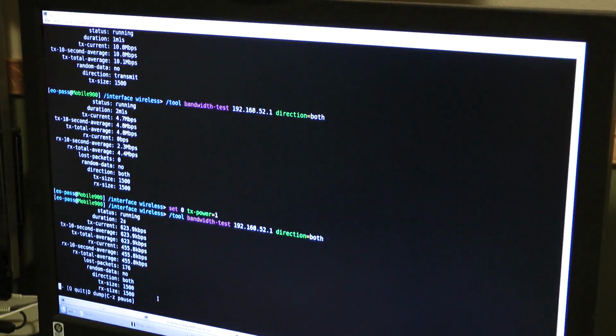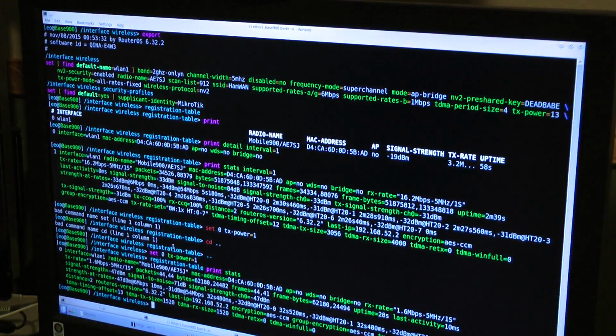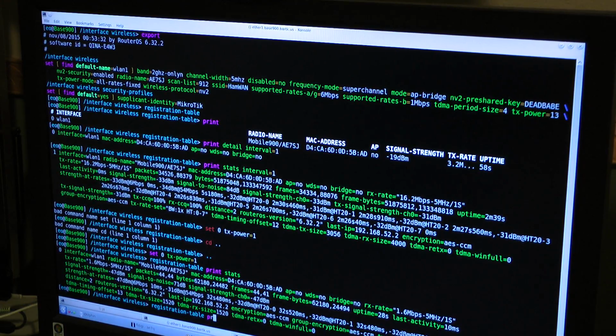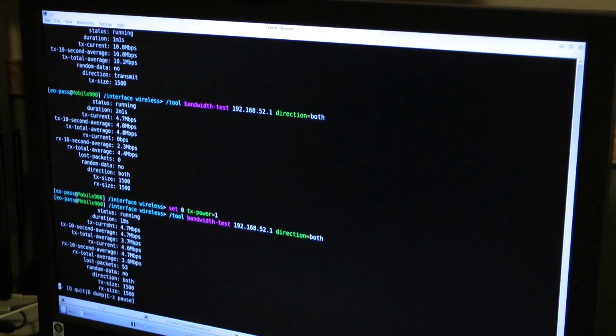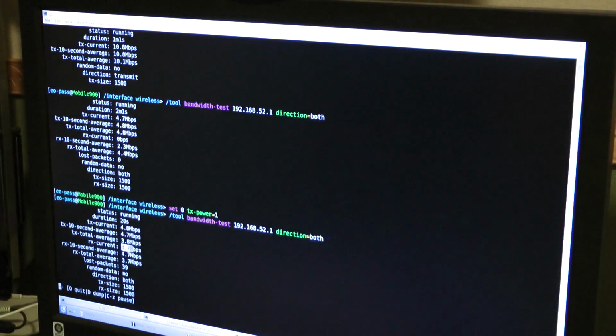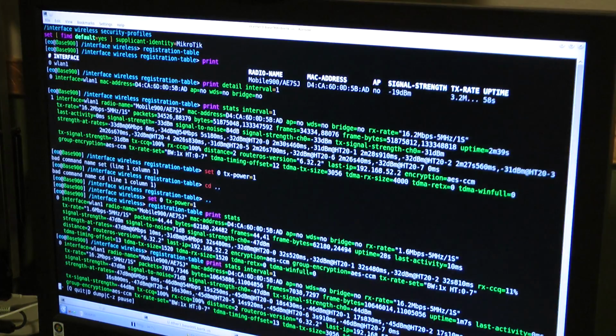So this should not be getting too badly affected by that interfering signal. Let's see. Print stats, interval 1. And yeah, you see both directions are 16.2, CCQ is 100, so I'm guessing we're going to see 4.7, 4.8 here. Yeah, there's no difference here.